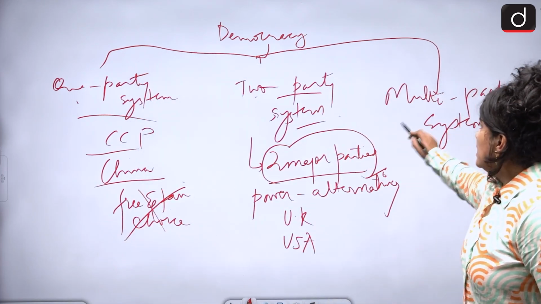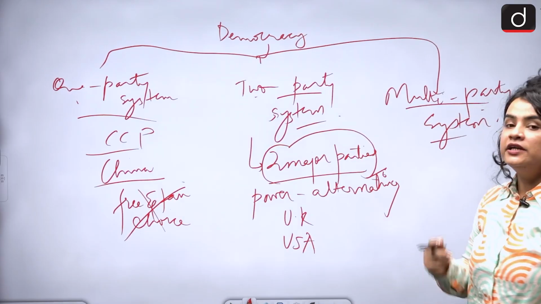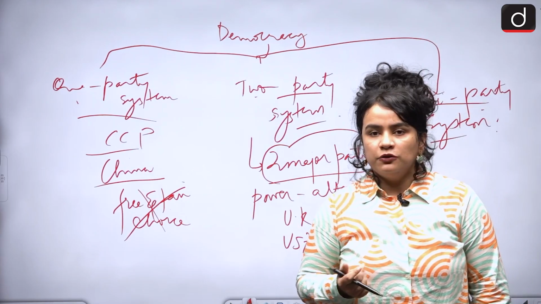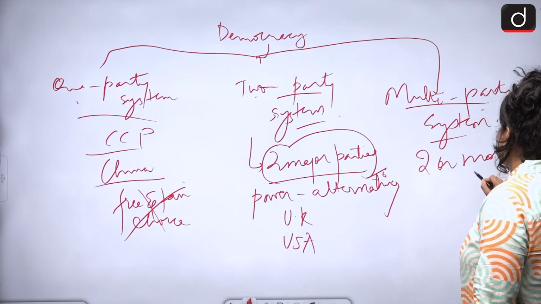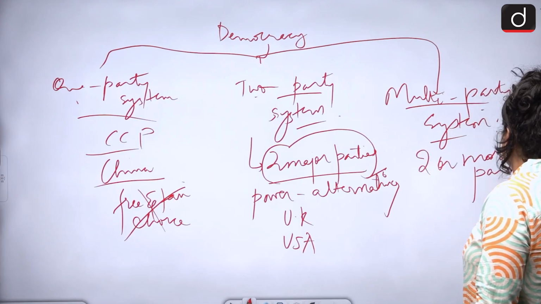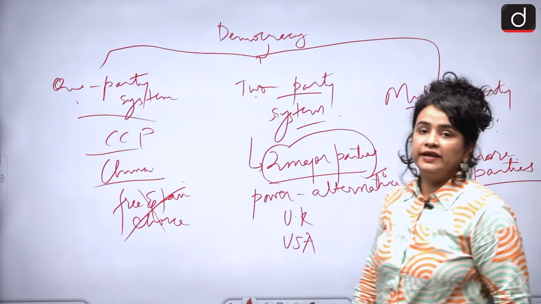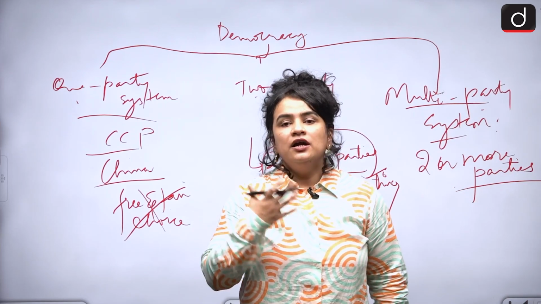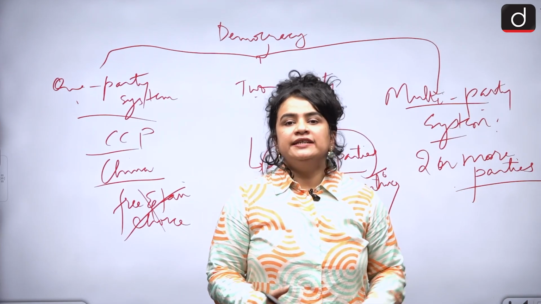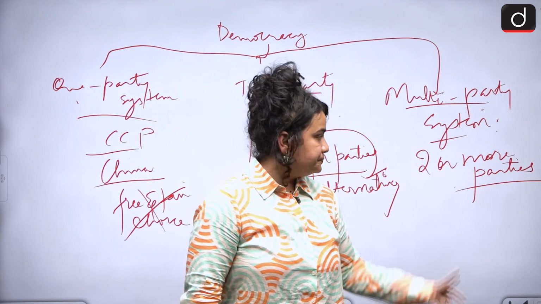Now let's consider the multi-party system. Here, as we just discussed a couple of minutes ago, there may be two or more parties with a reasonable chance of winning the elections. Sometimes a few parties may even join hands to contest elections, to win and to form the government.